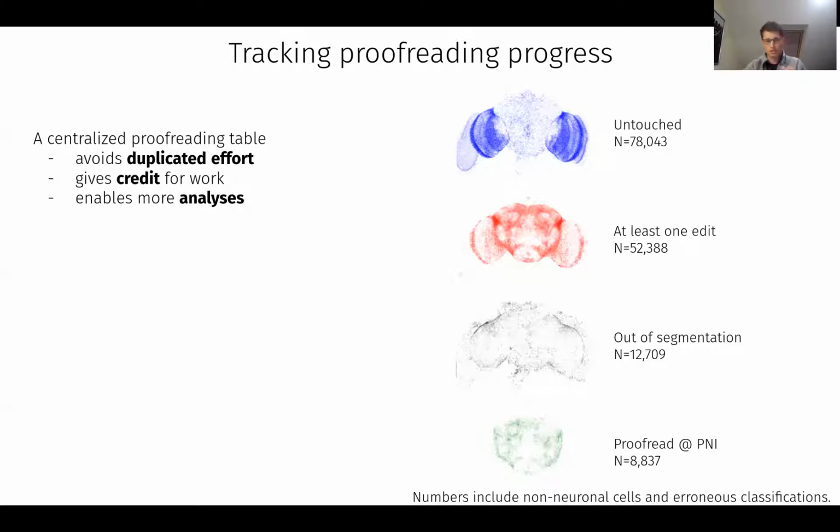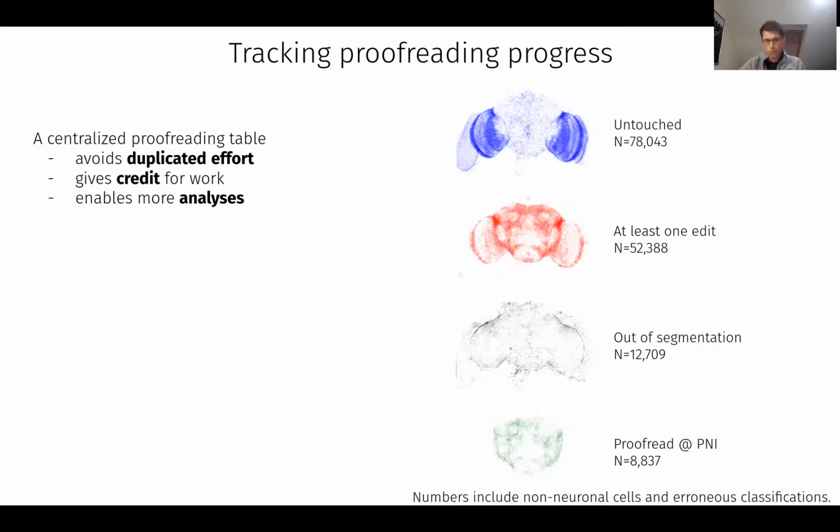Such an effort and such a table avoids duplicated effort by everybody, because everybody can check if a neuron has already been deemed proofread and does not need to go and check, which alone takes time, even if you don't make edits. It allows us to assign credit for the work that has been done for checking. And finally, it also enables more analyses, because everybody will have a bigger network that includes the neurons of their interest.